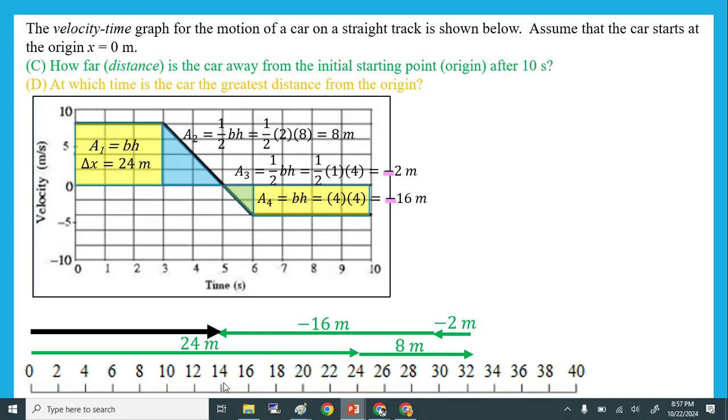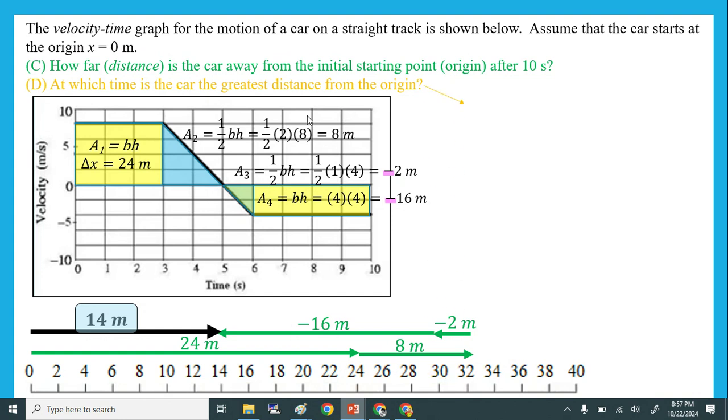So therefore the answer would be 14 because you start at the origin and after 10 seconds you're now finishing at positive 14. So the length would just be, in this case, 14. It asks for distance, and distance is a scalar, so I would just provide an answer of 14 meters.